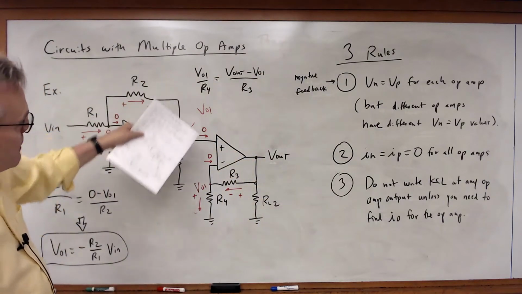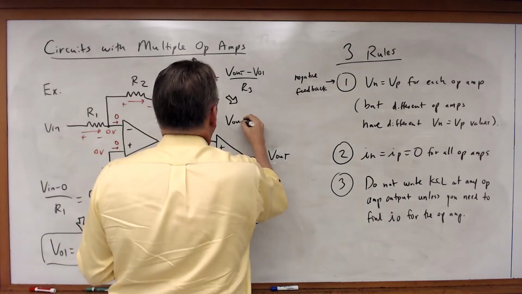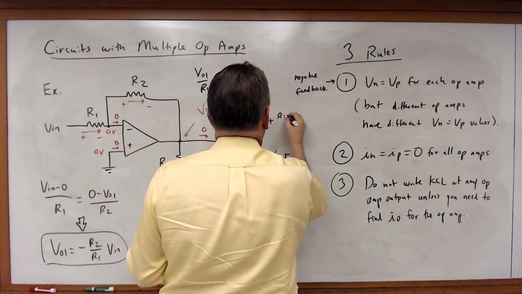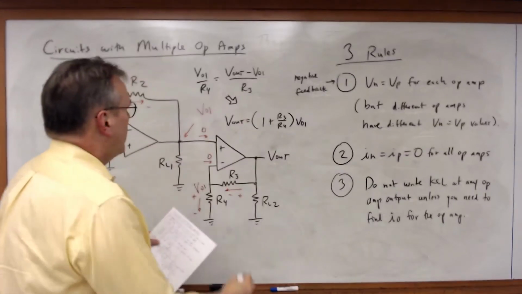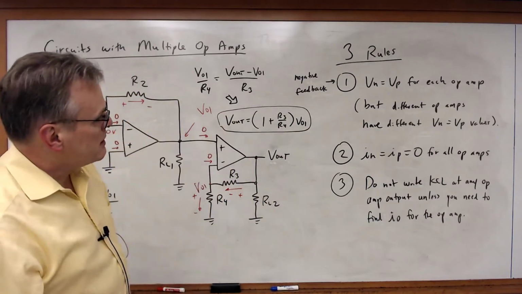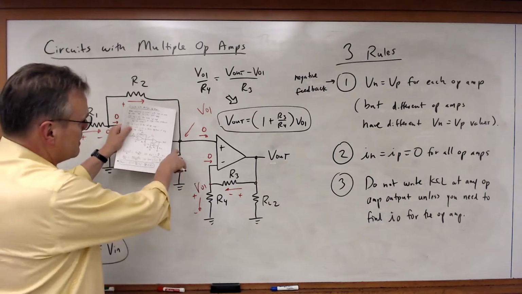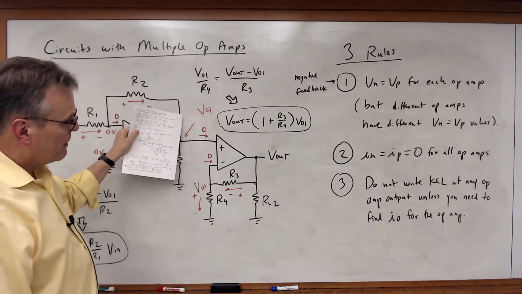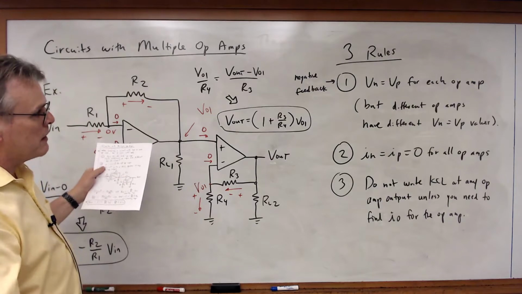And once again, if I do a little bit of arrangement, what I will get is that Vout is equal to 1 plus R3 over R4 times VO1. And looking at this, that's actually just the non-inverting amplifier equation, and VO1 is at that input. Once again, you've seen that before. Of course, the load resistors RL1 and RL2 have no effect on the KCL.